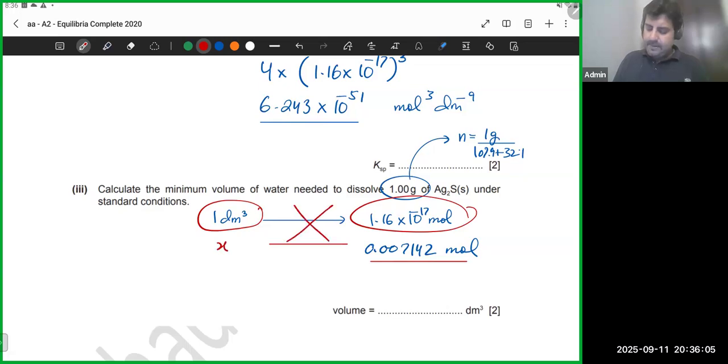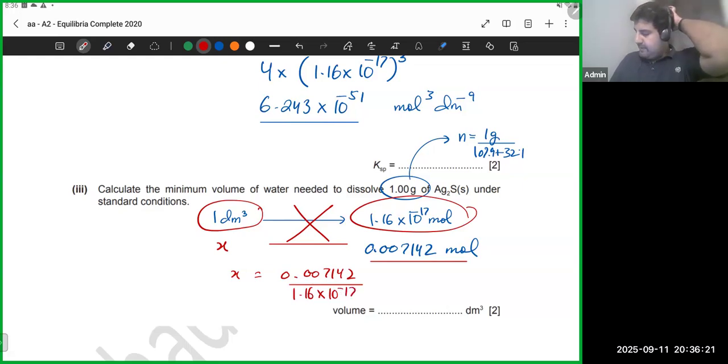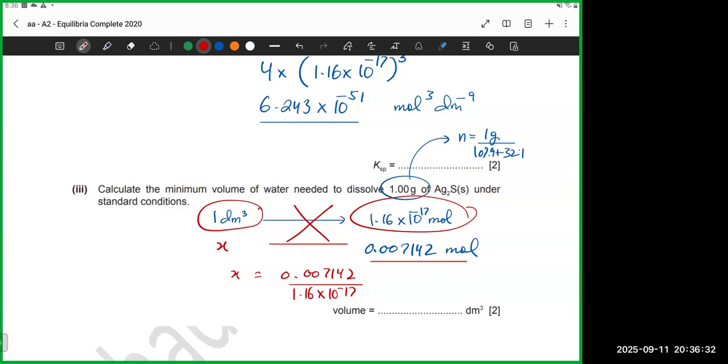X would come out to be 0.7142 divided by 1.16 times 10 to the power minus 17, which is going to be a very small value. Or no, sorry, a very large value: 6.16 times 10 to the power of 14.